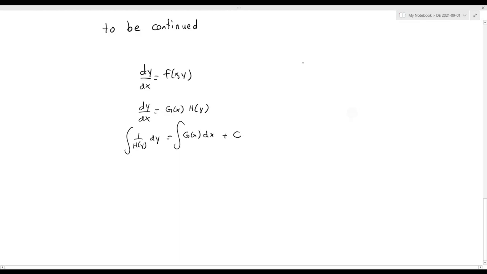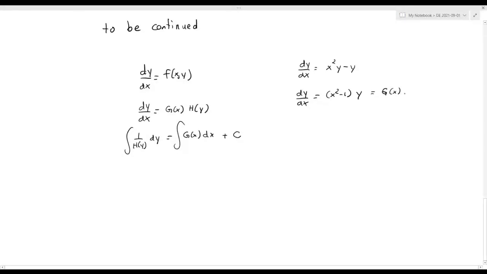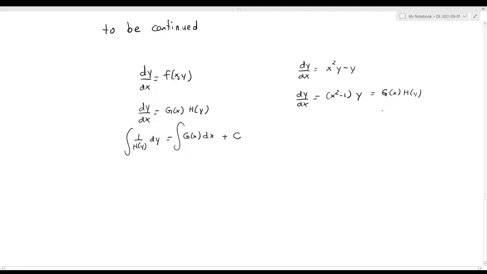The example that I gave was pretty simple. I wrote it in that conventional form where you have y prime on the left and some function of x and y on the right. If we notice that you can factor out a y, we see that we can think of the right-hand side as a function of just x times a function of just y, where the function of x is x squared minus 1 and the function of y is just y.